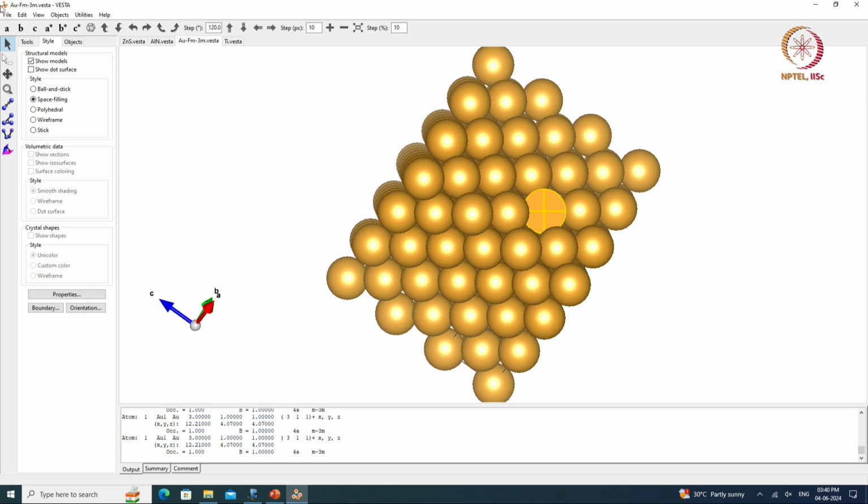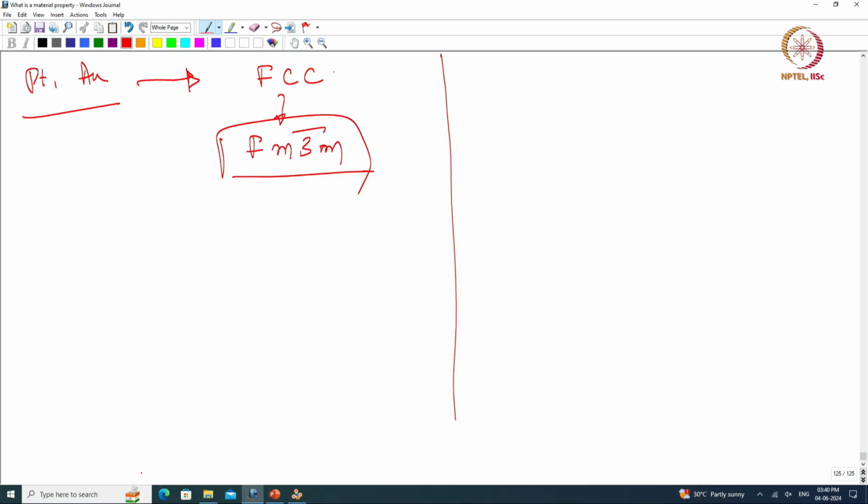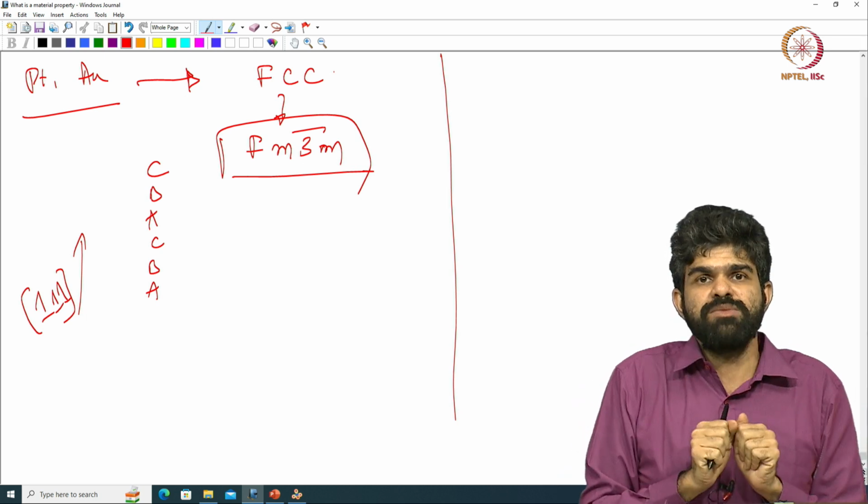So what I have here, if I am viewing it along the 1 1 1 axis, I am going to visualize the structure as an A B C stacking. A is a 1 1 1 plane made of gold atoms, which are all closely packed with respect to each other.